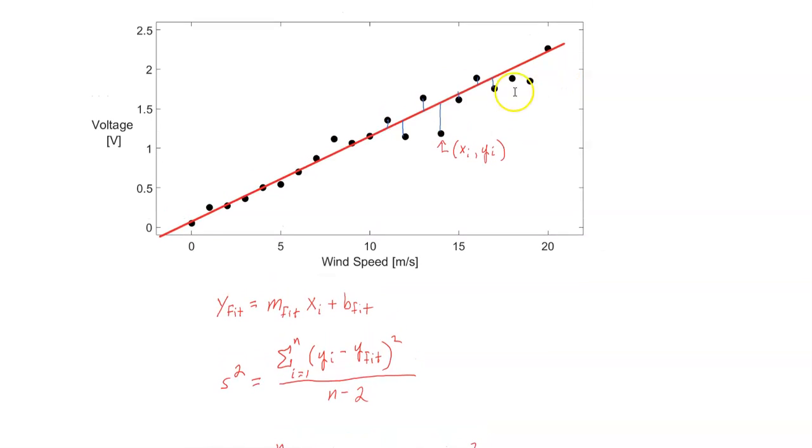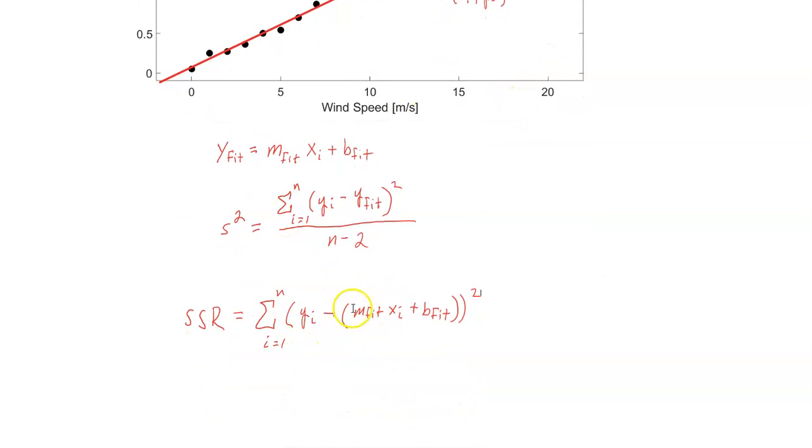Just in the same way that if you were to measure a quantity 10 times and take the average, let's say the mass of some object, that object has a real mass. If you measure that object's mass 10 times and then take the average, you might not get the actual value of that mass, but you've got something close, some estimator, right? And so too with this. We are trying to find the estimated value of m and the estimated value of b.